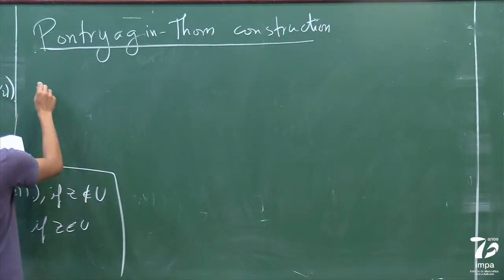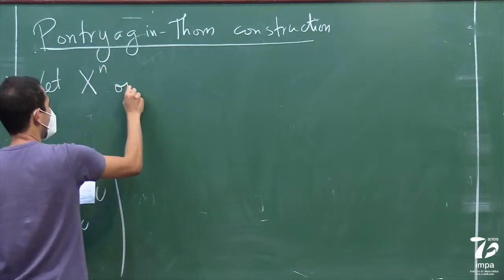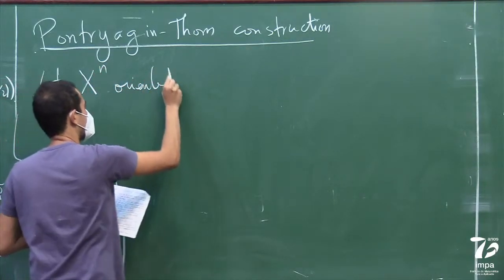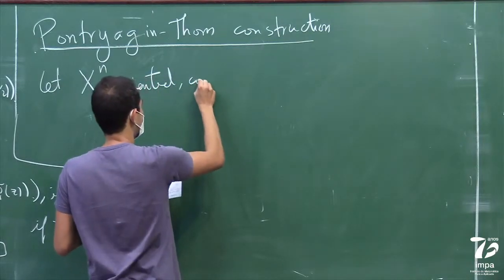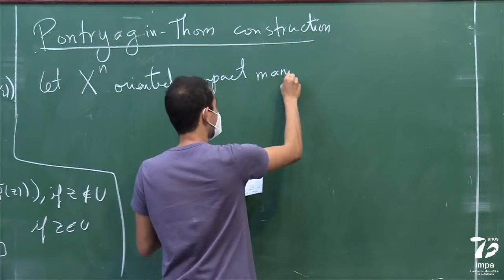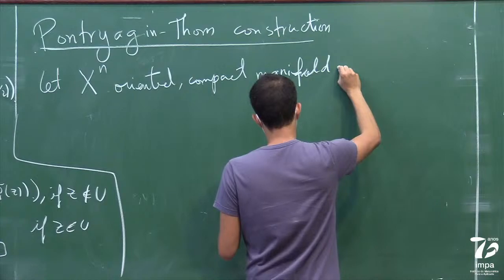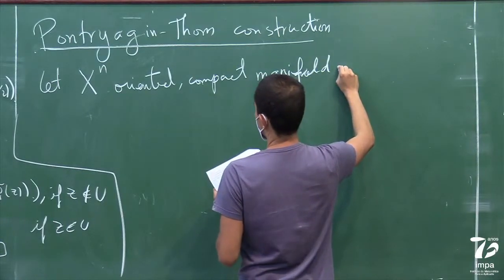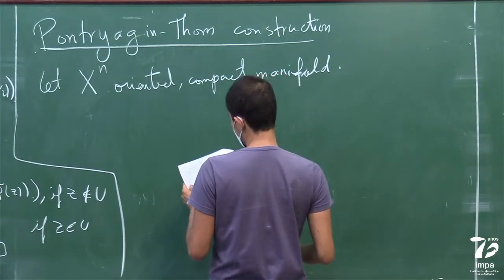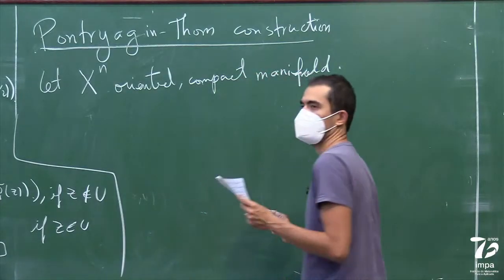Okay, so the idea is that we take an oriented compact manifold X^n. No, I don't actually need it to be connected.